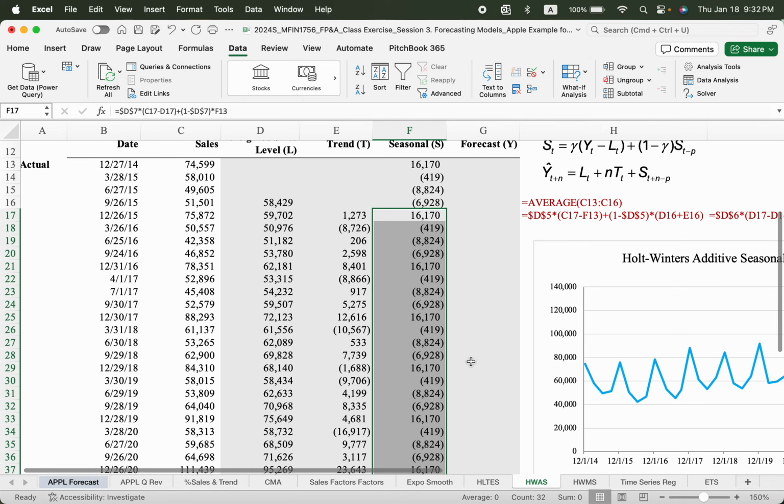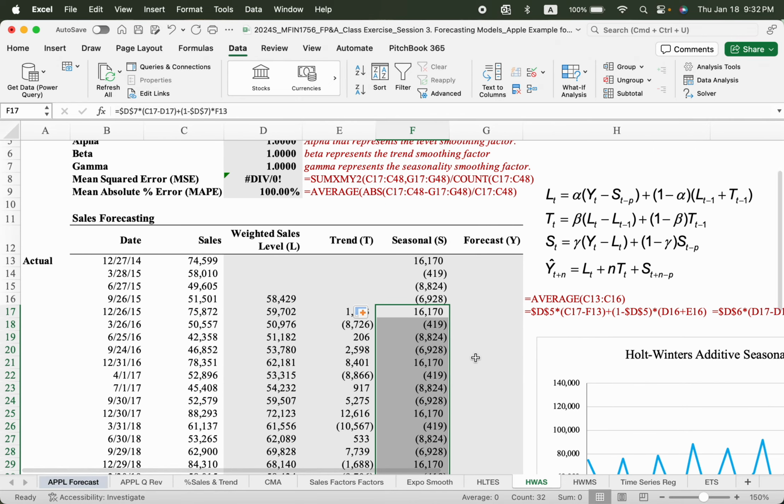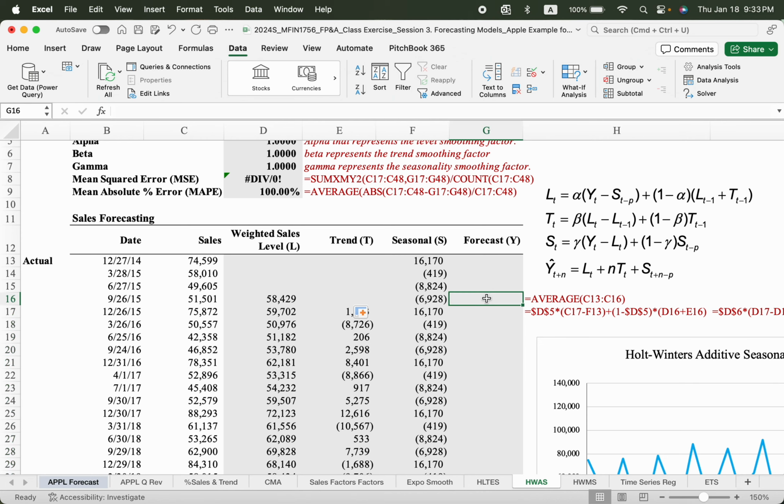Now we completed all these factors. Then let's calculate it. We cannot calculate from here because all the factors we collected are from December 26, 2015.